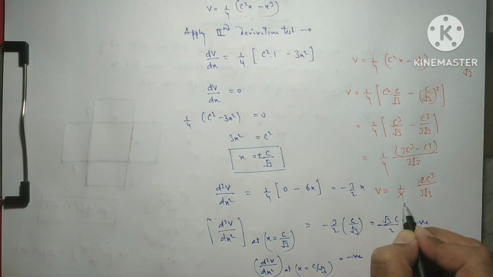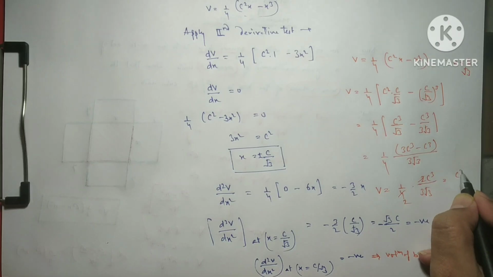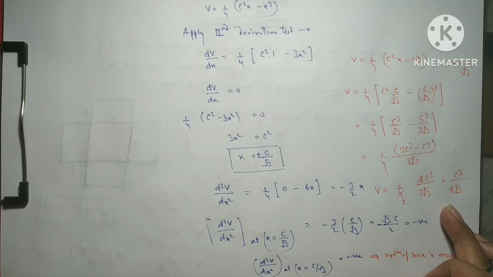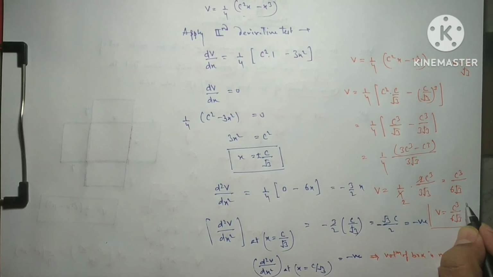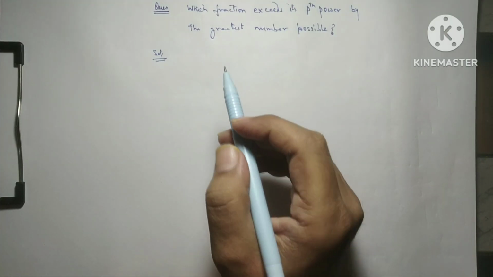So cancel this out, we get 2. So it is c cube over 6 root 3. So this is our required result. V equals c cube over 6 root 3. This is the answer. Next question.